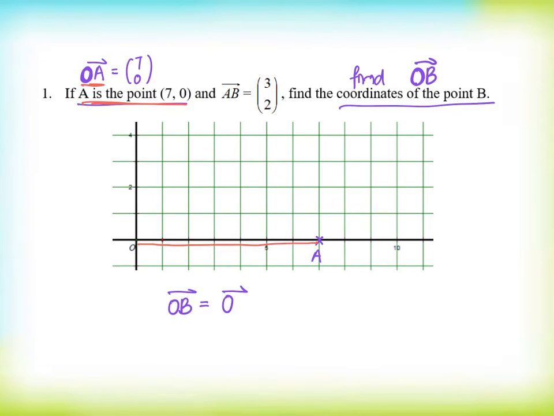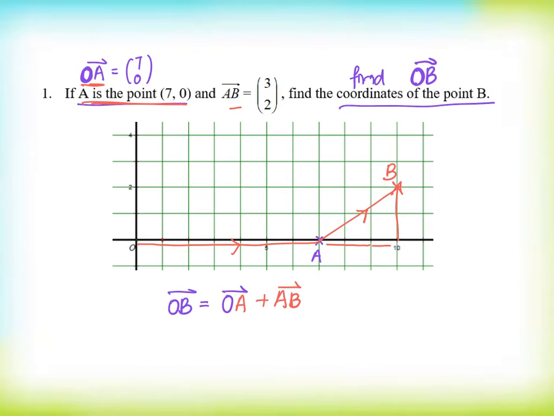So this will be OA. And after which they tell me from A I can travel to B, which means AB will be (3, 2), and I'll end up at this position, point B.